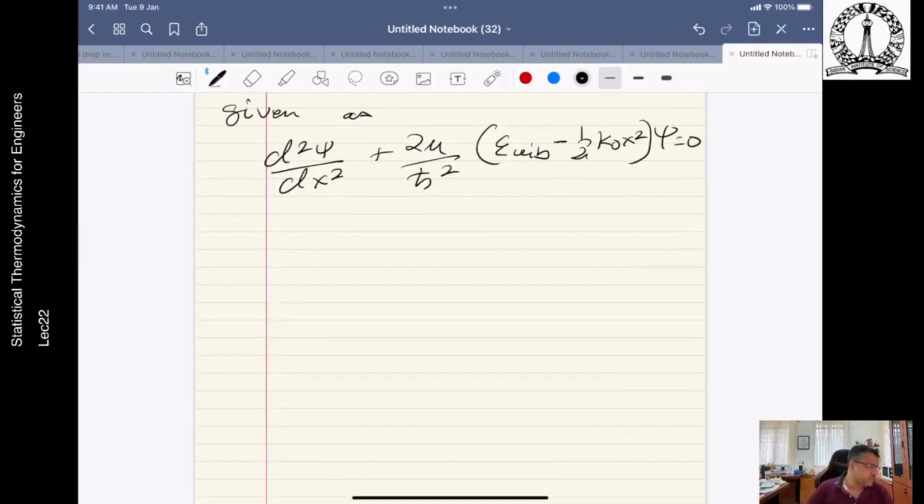Hence the wave function psi v describes the one-dimensional harmonic oscillator.